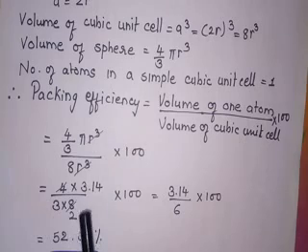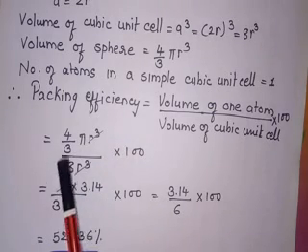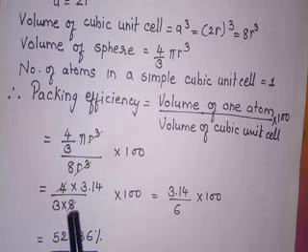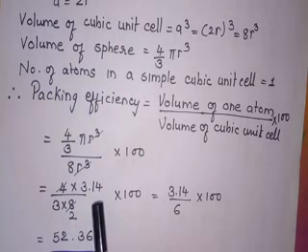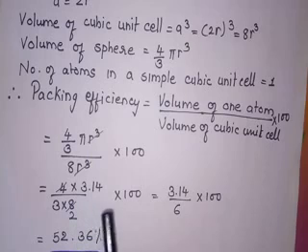When we follow the calculation, pi we can take as 3.14, 3 comes down here, and when you calculate further into 100, you will get 52.36 percentage, which can be called 52.4 percentage. So the packing efficiency in case of simple cubic unit cell is 52.4 percentage.